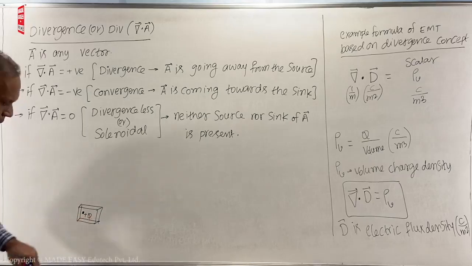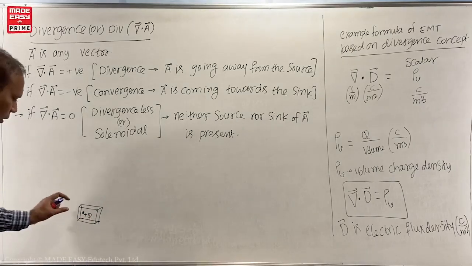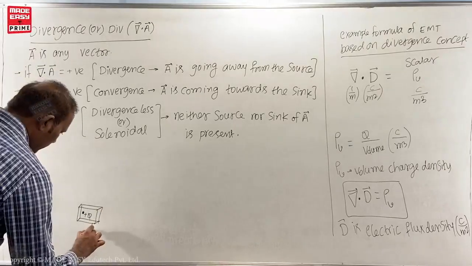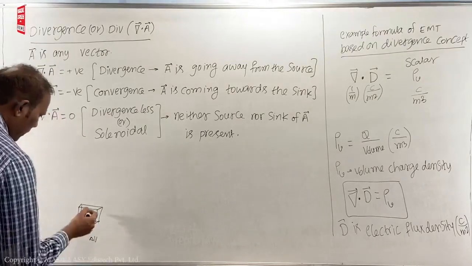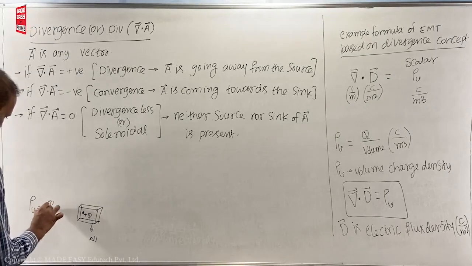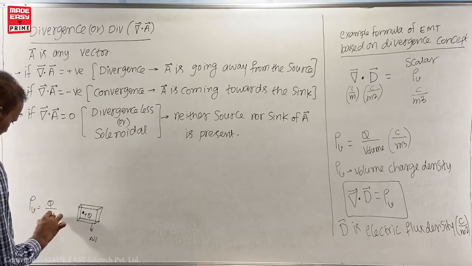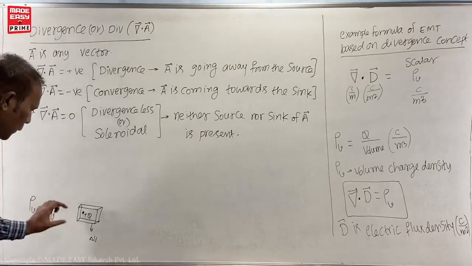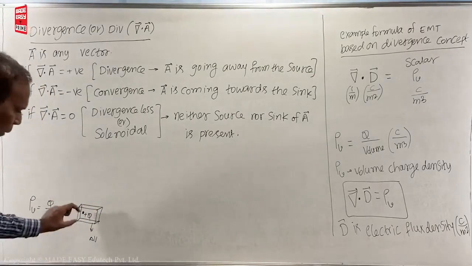Then I have taken a very small volume called del V. Then you can define rho V as the total charge divided by the del V volume. That volume is very small, so rho V volume charge is there in this small volume.